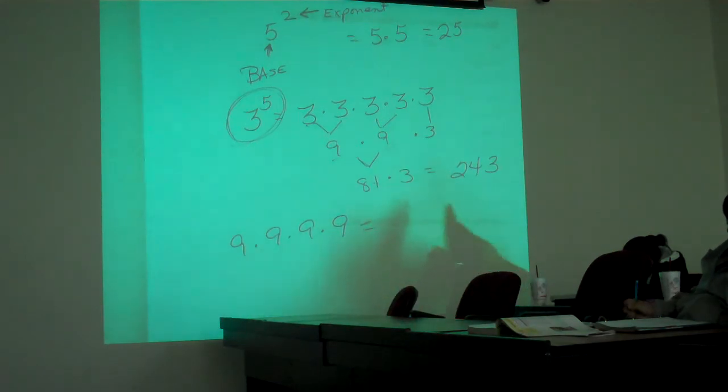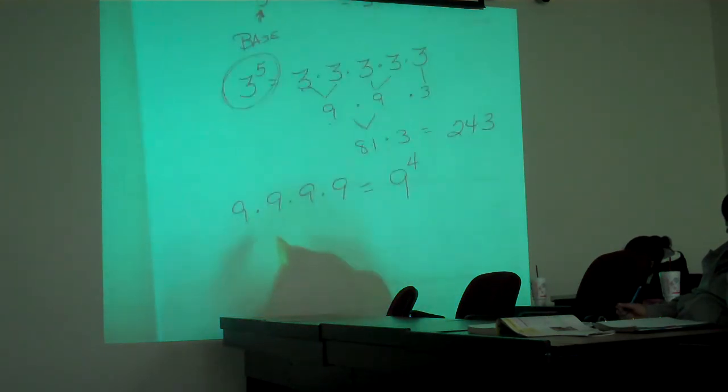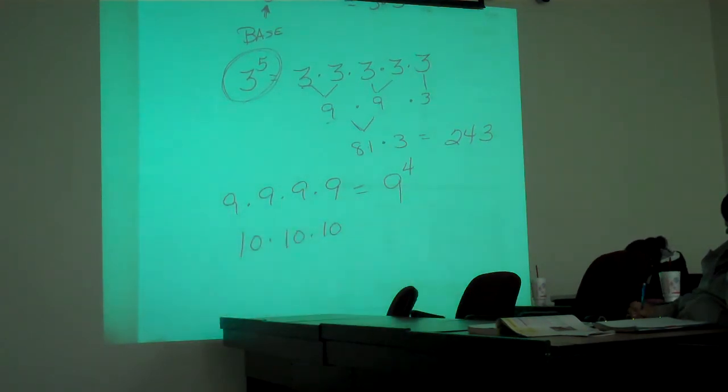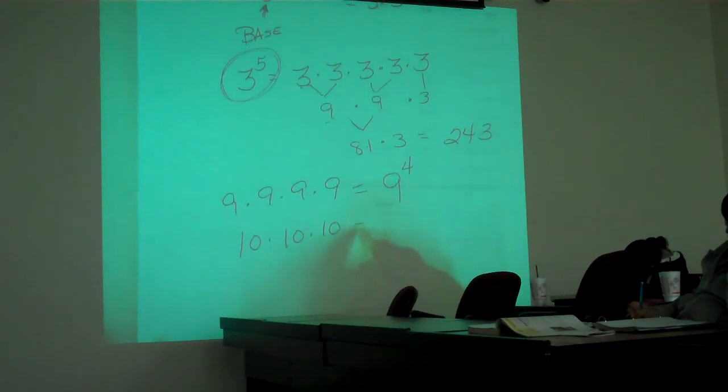How would that be written in exponential notation? 9 to the 4th. 9 to the 4th power. Right. How about if we have this one right here? 10 to the 3rd. 10 to the 3rd power.